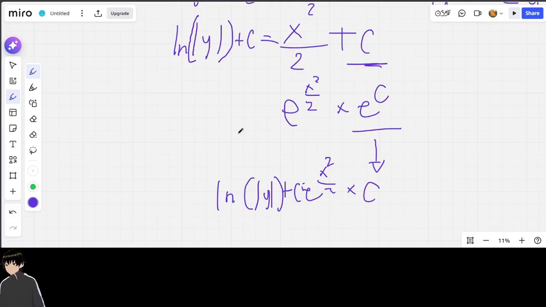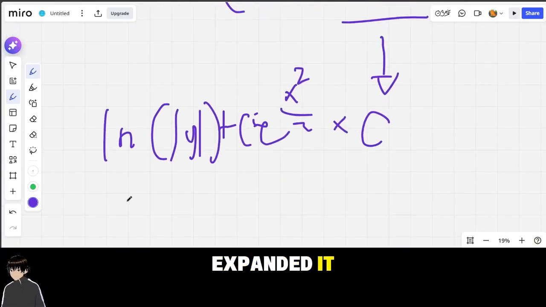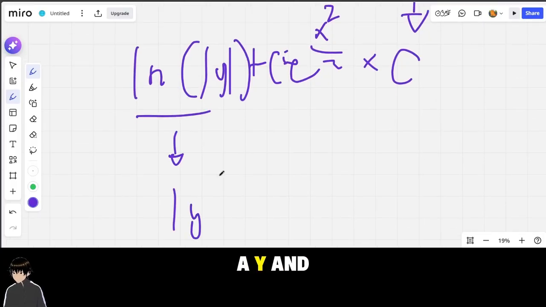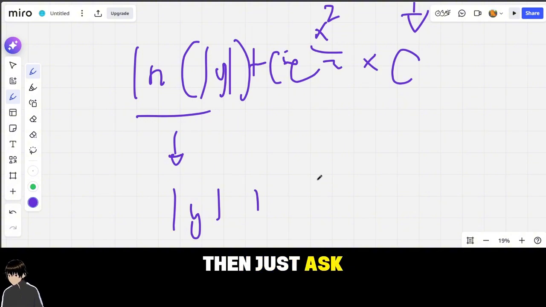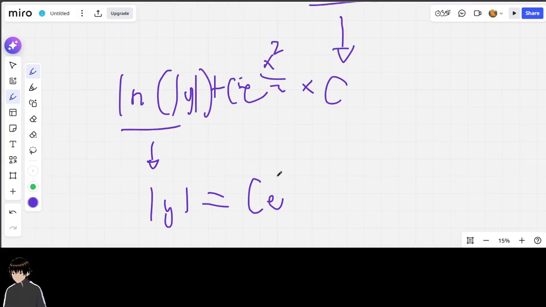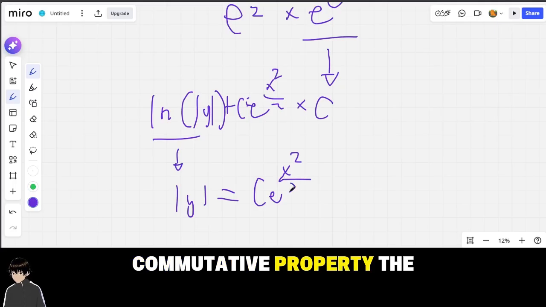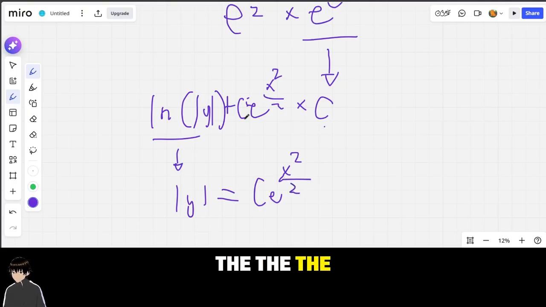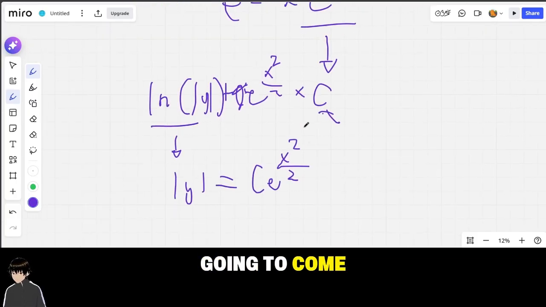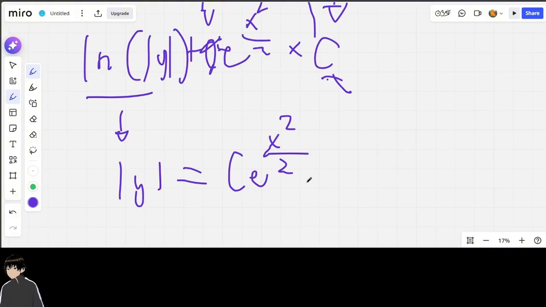Okay, so now that we expanded it, this is going to turn into the absolute value of y equals c e to the x squared. So using the commutative property, the constant is going to come here. So now you have this c e. I believe that's it.